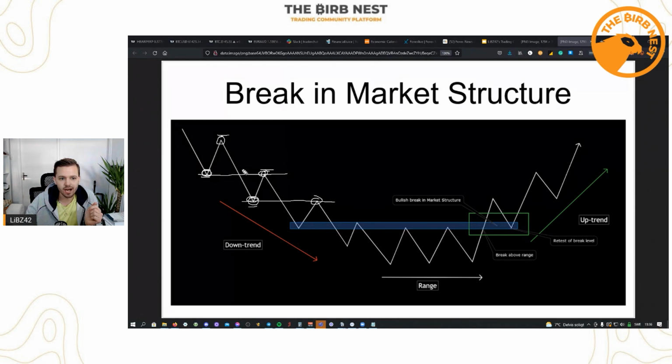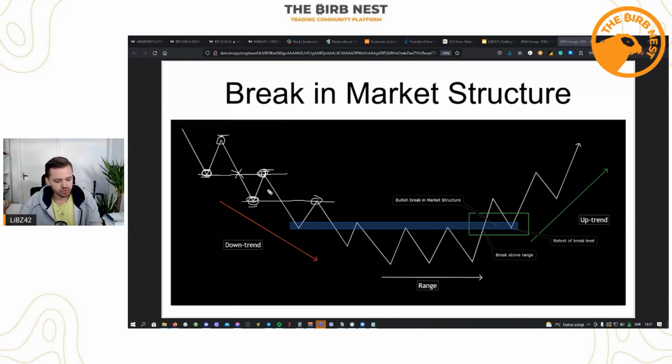This is where price breaks the level, and this is where you have the SR flip, when price goes below support and uses it as resistance. That is when you have an SR flip, right?